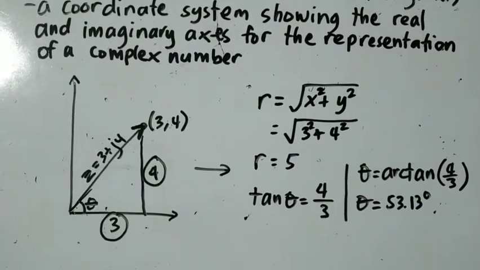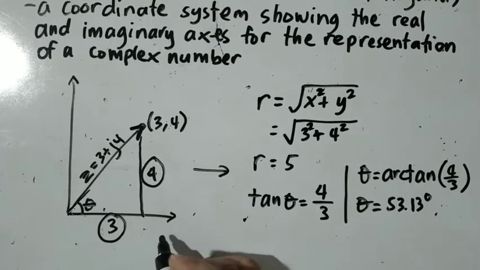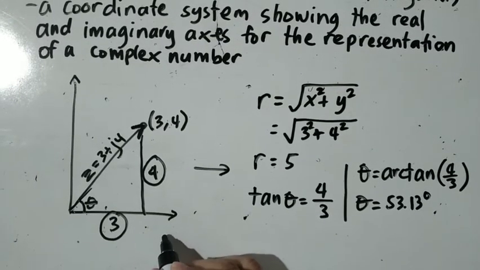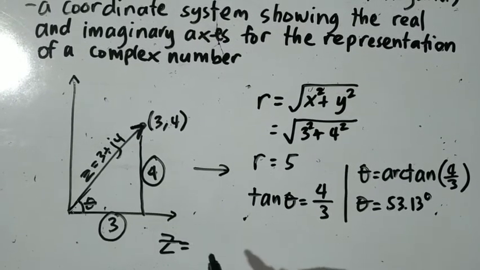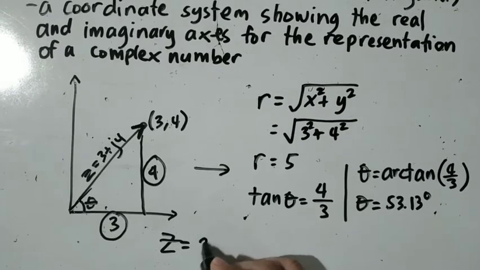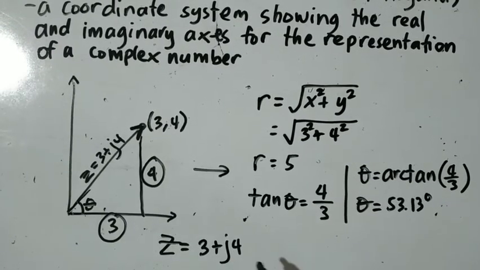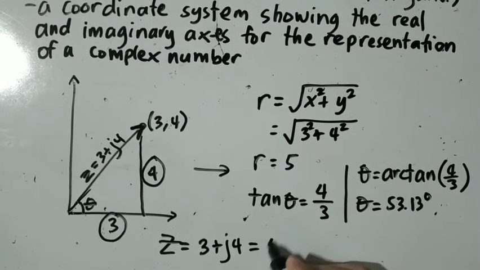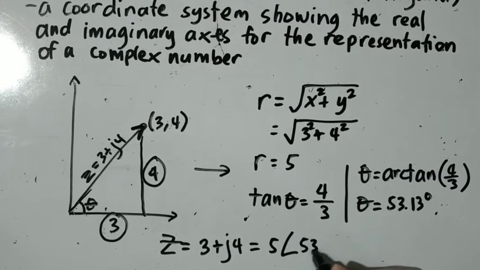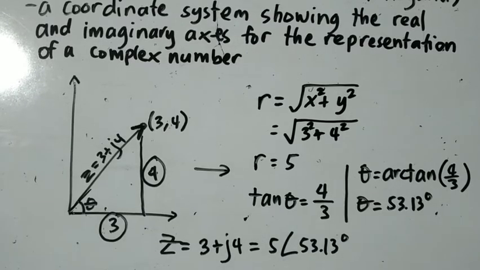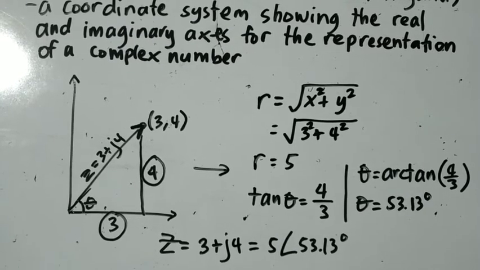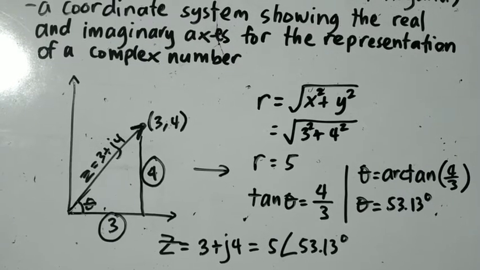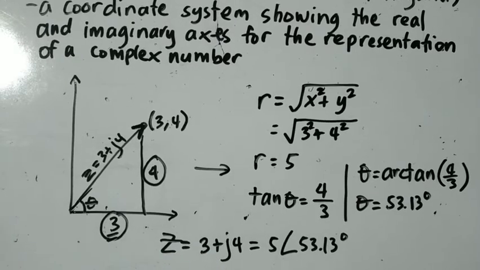So we have already converted our complex number 3 plus j4 into its polar equivalent, which is 5 angle 53.13 degrees.